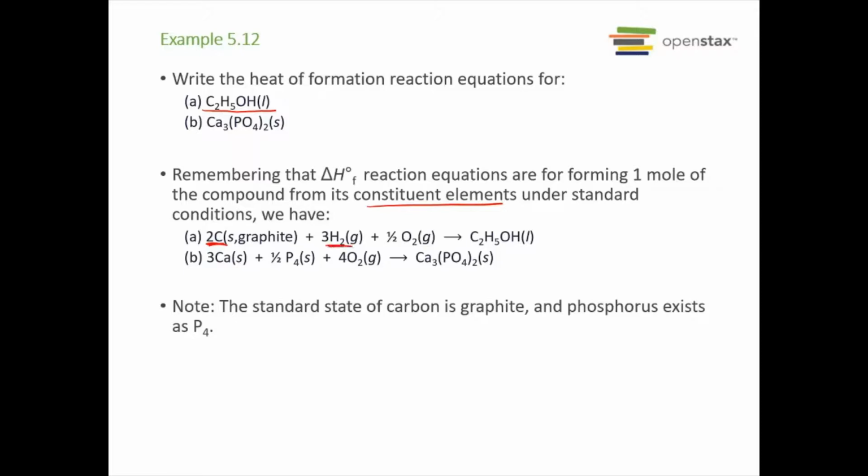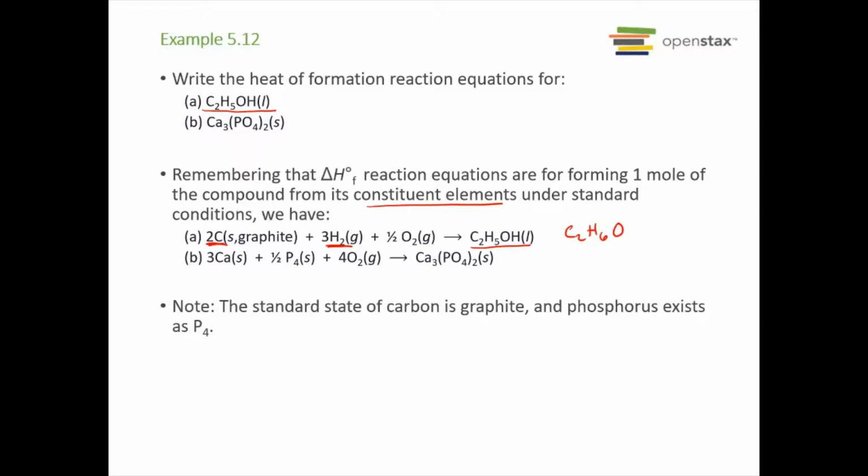And then there's hydrogen gas. We need a total of 6 hydrogens, and hydrogen in its natural state is H2. So that would mean we need 3 H2s to give us a total of 6. And then oxygen is O2 in its natural state. So if we say half O2, that gives us 1 oxygen. And that gives us C2H5OH, or C2H6O.